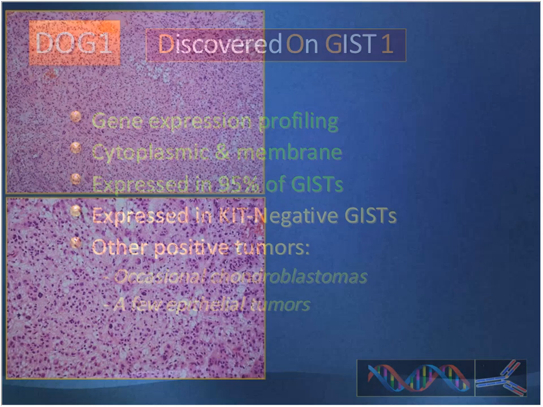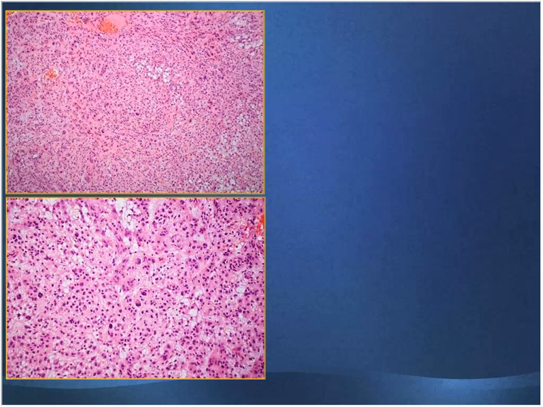An example of staining: these are two hematoxylin and eosin photomicrographs of a gastrointestinal tumor with some epithelioid features, low and high power.